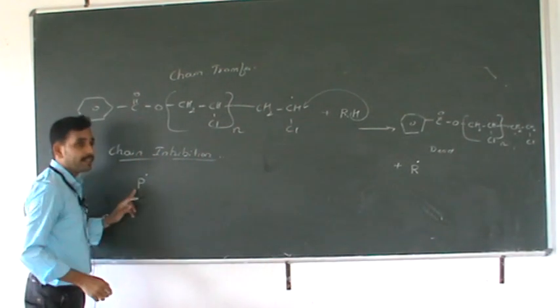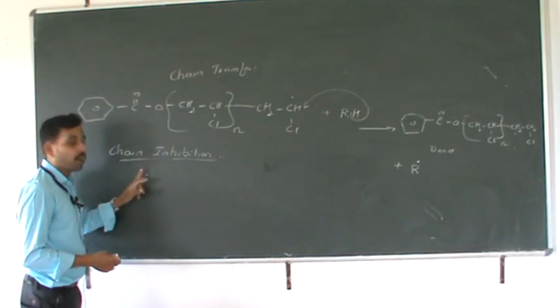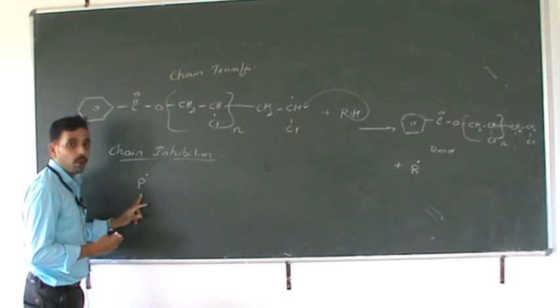P dot: P stands for polymer, dot stands for the growing free radical polymer chain.